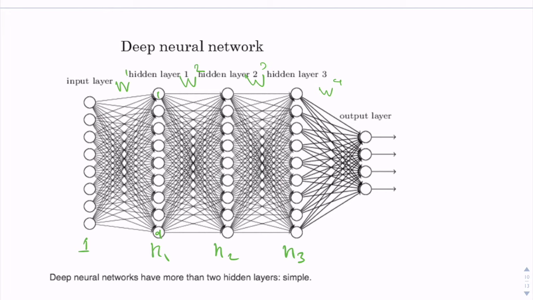A very brief discussion about the types of neural networks we need to use. If you have a classification problem which is not dynamic, not time series data, then you can use a feed-forward neural network.